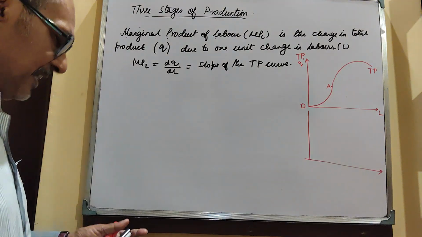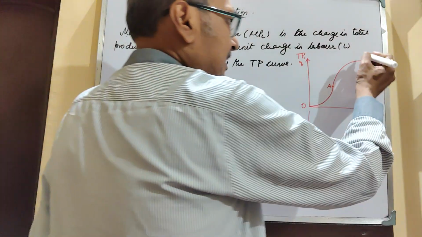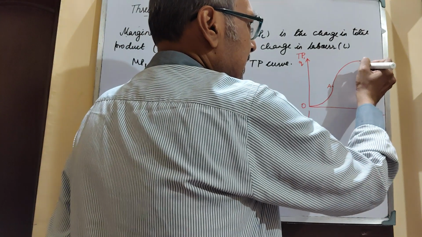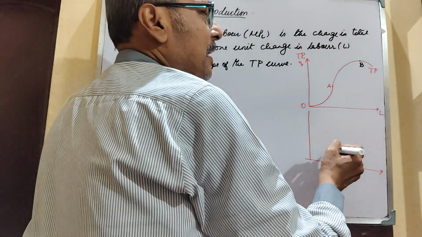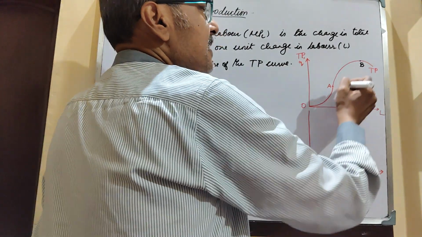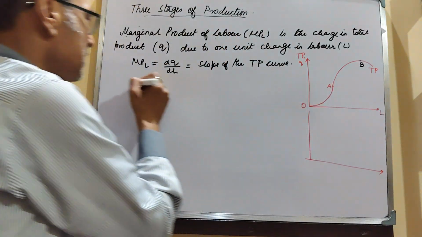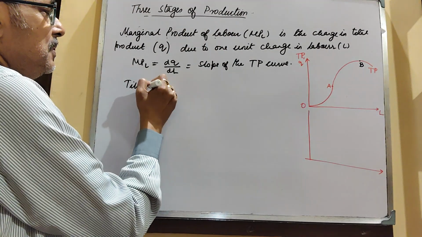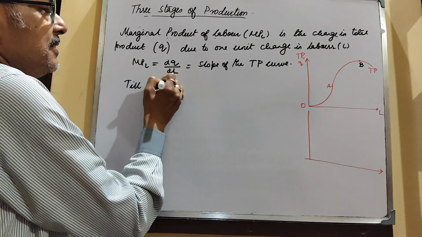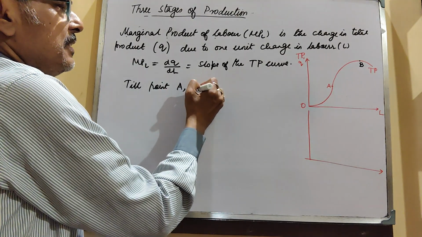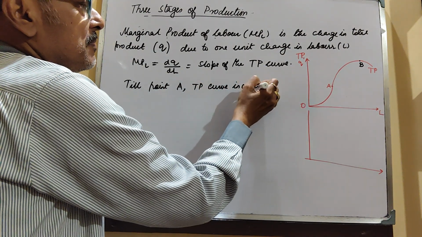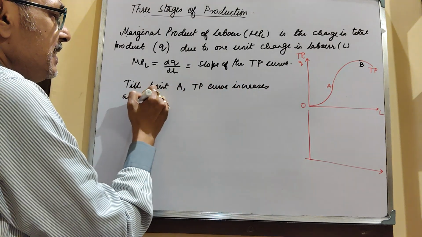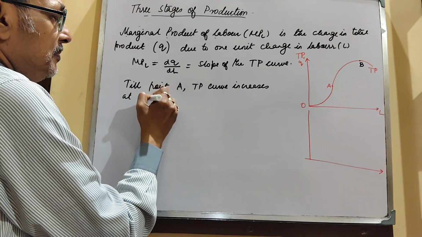Then TP curve increases at decreasing rate till point B. Then TP curve falls. Till point A, TP curve increases at increasing rate.